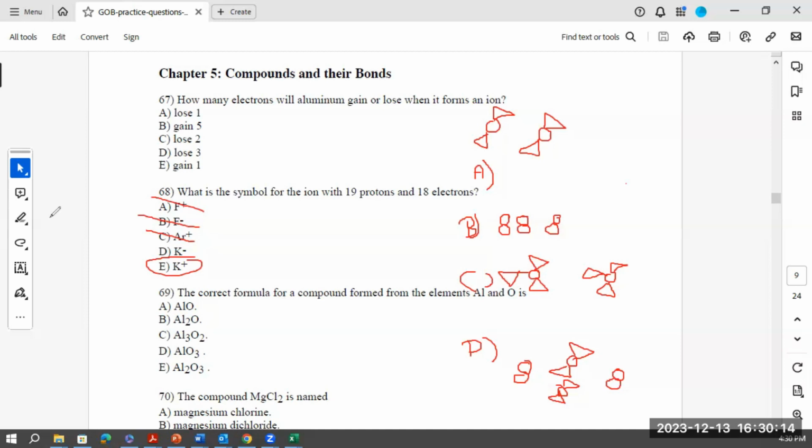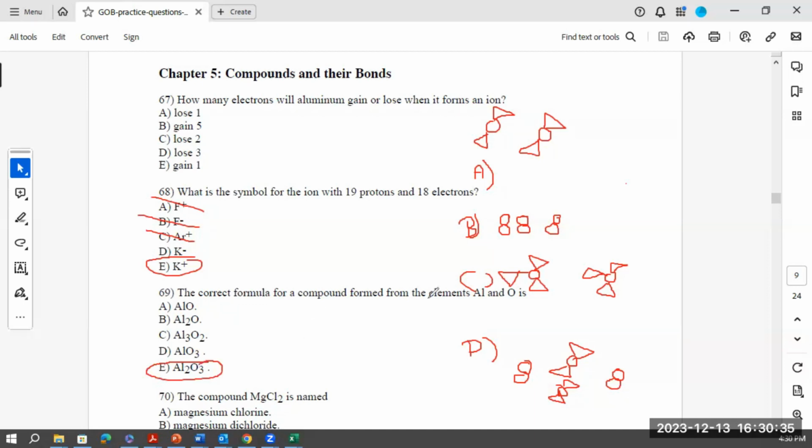So you'll have a question like this next one too. The correct formula for a compound formed from elements of Al and O is, you said B, E, as in Edward. E is correct, right?